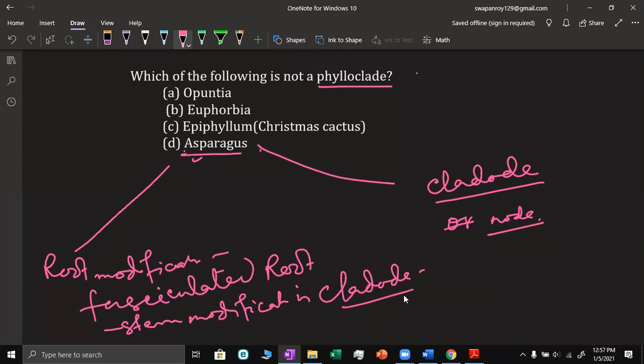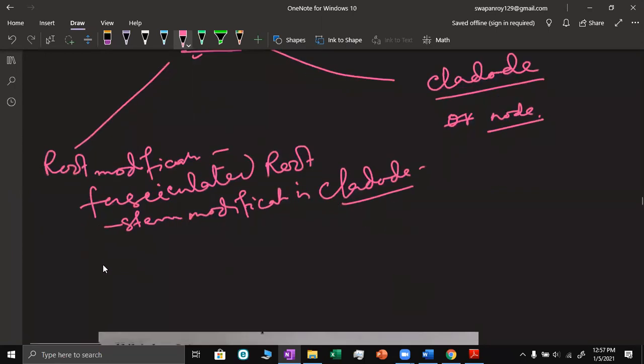Okay, and the leaf modification is scale leaves.